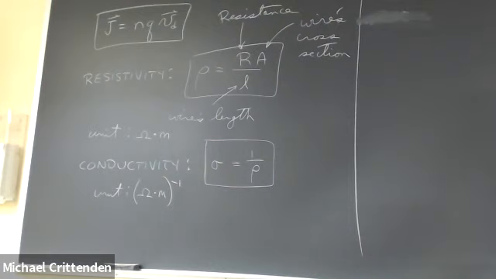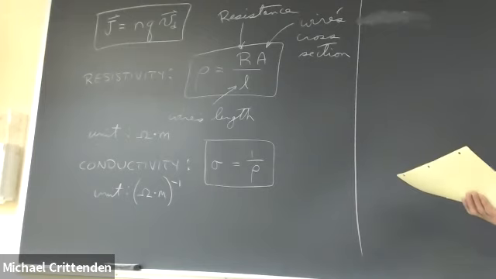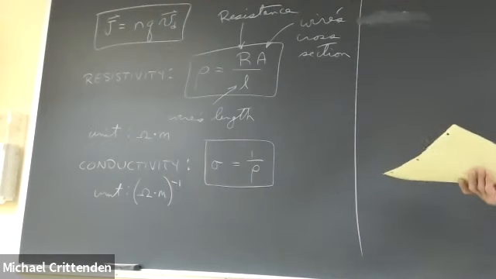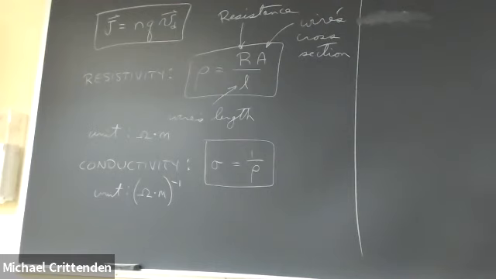So it's just the same thing looked at the other way around. The way the resistivity is set up is that it's a big number if it resists a lot. The way the conductivity works is it's a big number if it's a good conductor. So one is the reciprocal of the other. It's just like when you're talking about vibration, the period and the frequency. They both tell you the same thing, just the other way around. One is the reciprocal of the other.